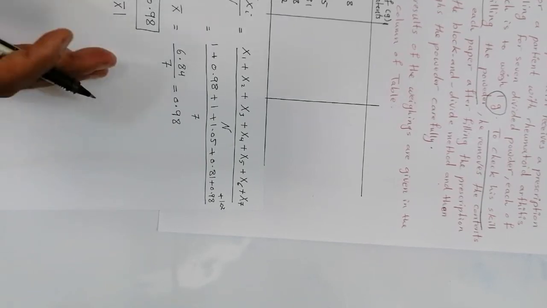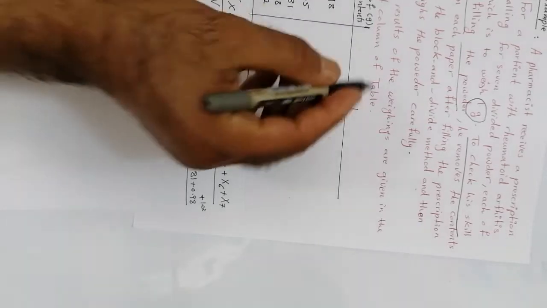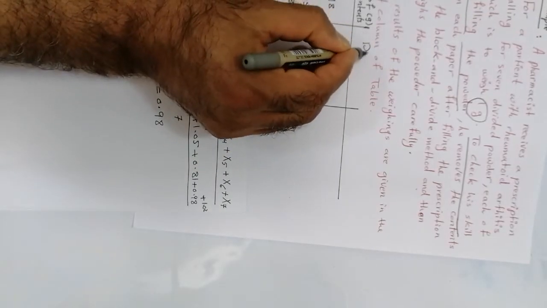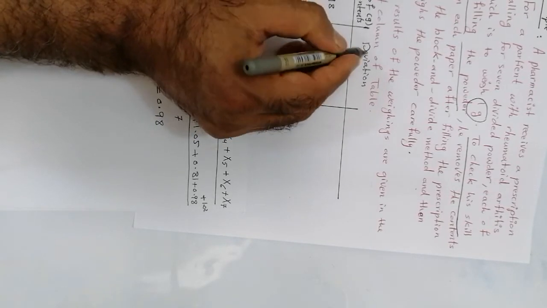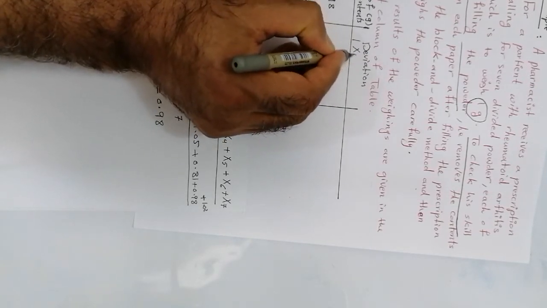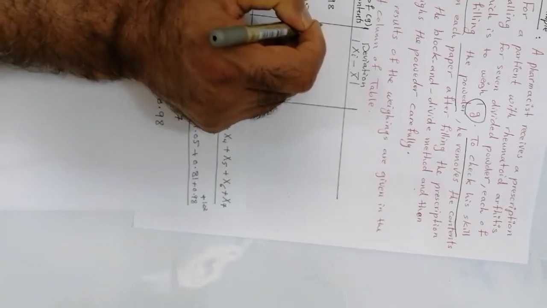Absolute value means the magnitude of the value. This is calculated in this table. So the deviation is xi minus the mean. This represents the deviation.